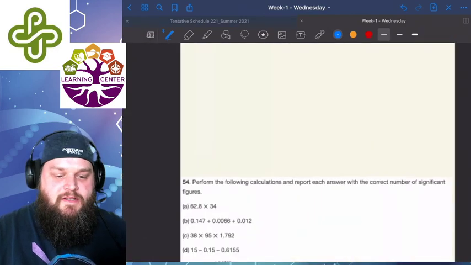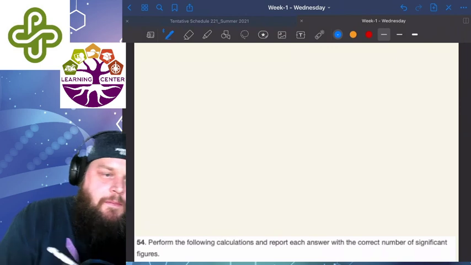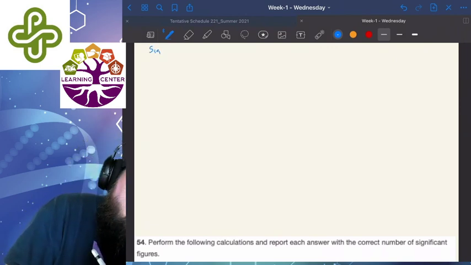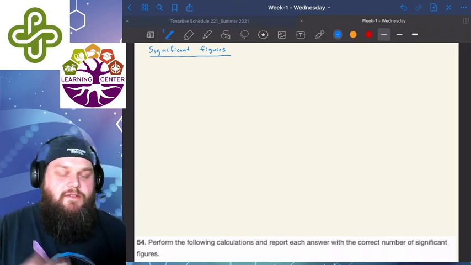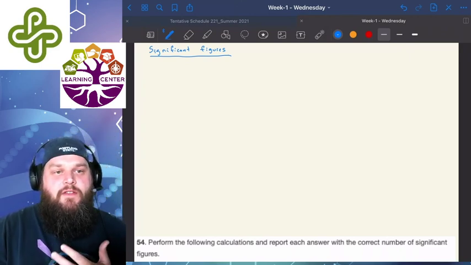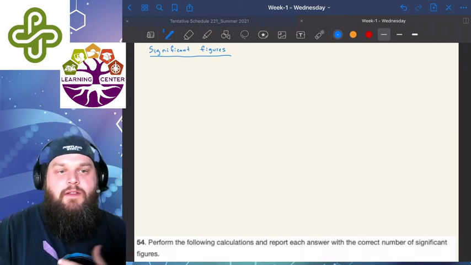And now I'm going to jump into significant figures. I'm going to throw a few examples out and some rules that I like to follow. So with significant figures, there's basically two types of calculations we're going to deal with in this course. Any type of calculation has a rule for the significant figures for it.